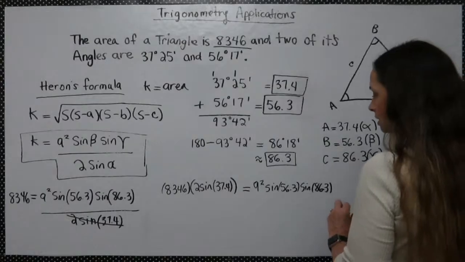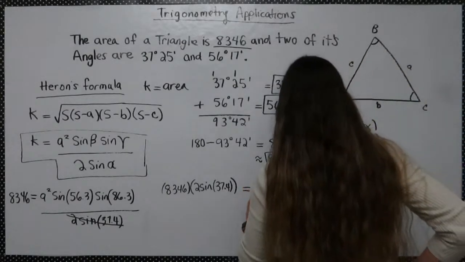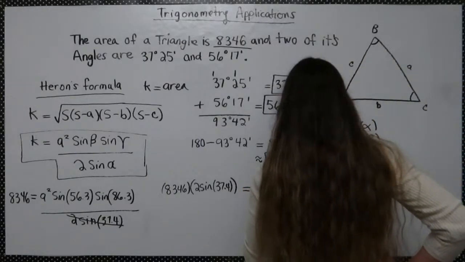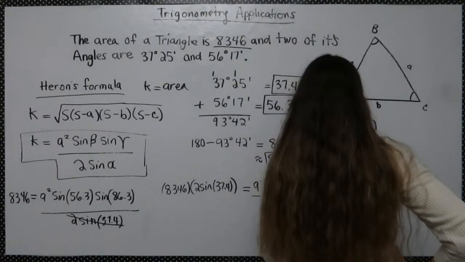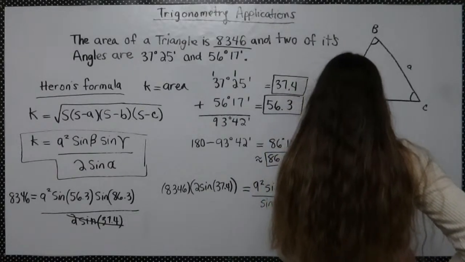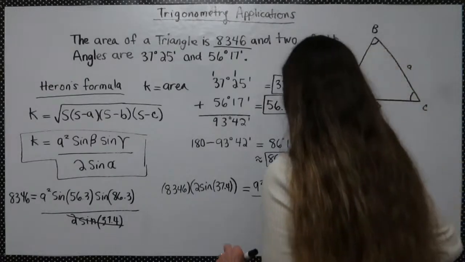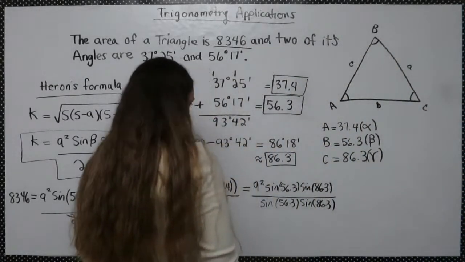And so we're going to divide off this value, sine 56.3 sine 86.3, to solve. So we'll divide both sides by that.